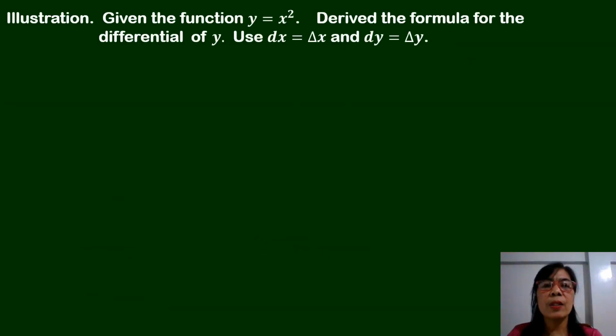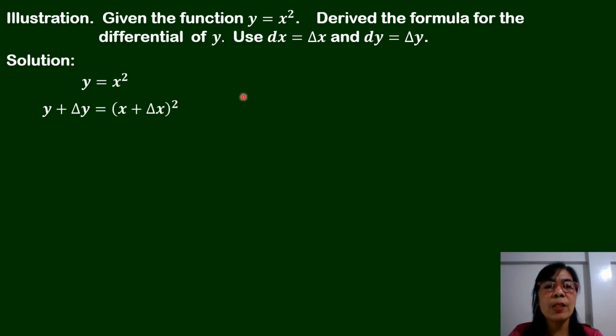Let us now illustrate the definition of differential using the function y is equal to x squared. We also use the symbol delta x, or differential of x, equal to delta x, and the differential of y equal to delta y. From the function y is equal to x squared, if there is a change of x by an amount delta x, there will also be a corresponding change of y by delta y.